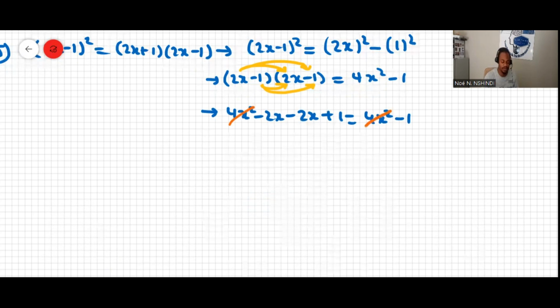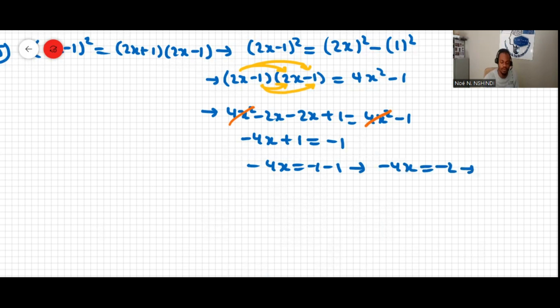Then -2x and -2x makes -4x plus 1 equal -1. So I can move the +1 over. That makes -4x equal to -1 minus 1, and that makes -4x equal to -2, and we can divide both sides by -4, and then x will be a half. Okay, that was question 25.